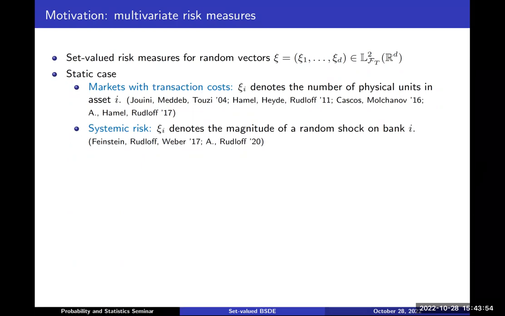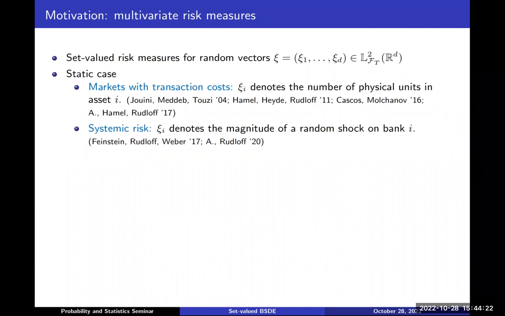And the other motivation is on systemic risk, where you have a financial network with a bunch of institutions. And although you keep everything in the same numeraire, like US dollars, every entry corresponds to a different bank. So that's a different story. And it was indeed the subject of my talk in the Math Finance Colloquium last month.